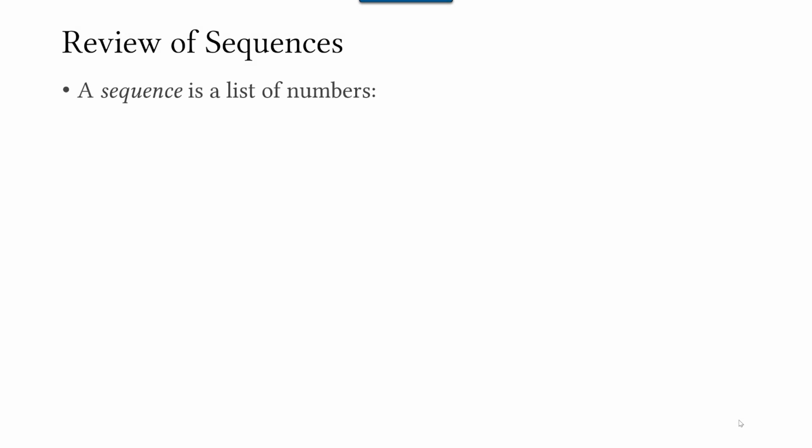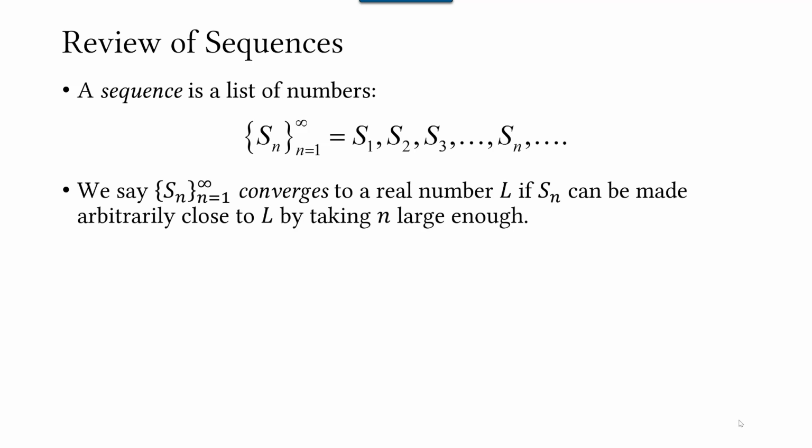So a quick review of last time. A sequence is some list of numbers. Sometimes we indicate it by just writing out a list of numbers and using the ... notation. Sometimes we give a formula inside the curly brackets and show how it depends on the n. We say that a sequence converges to a real number L if we can make the terms get as close as we like to capital L by taking n large enough.